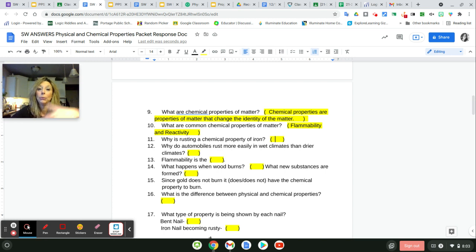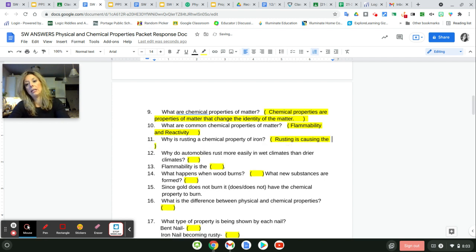So the iron reacted with the oxygen in the water and became rust. Okay, so rusting is causing the iron nail to become something new. We call that rust. Okay, there we go.